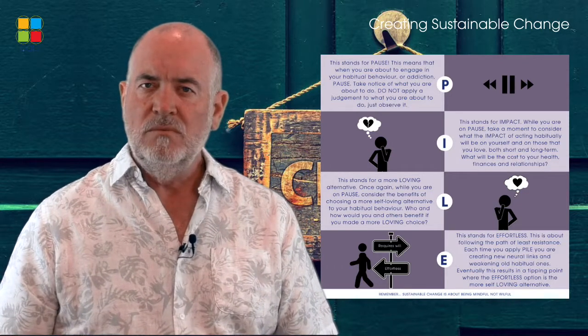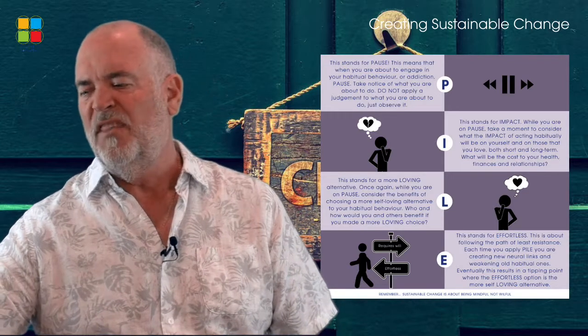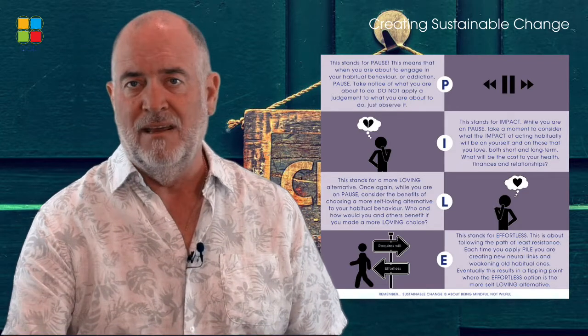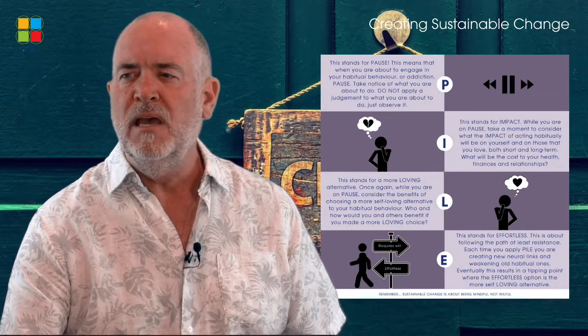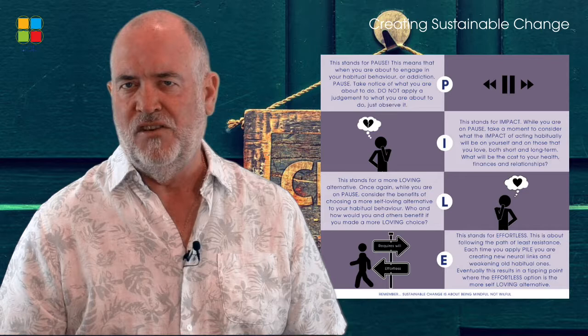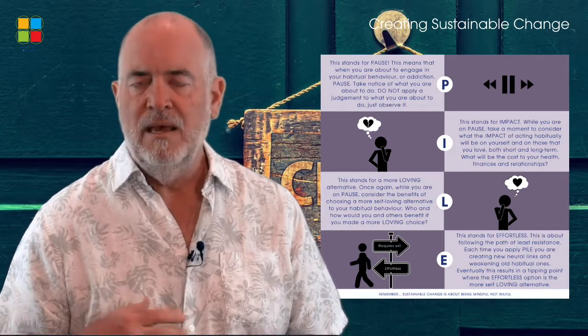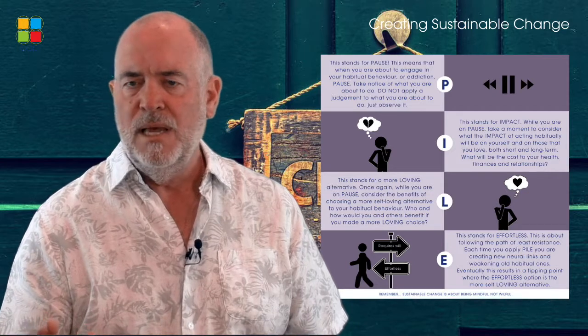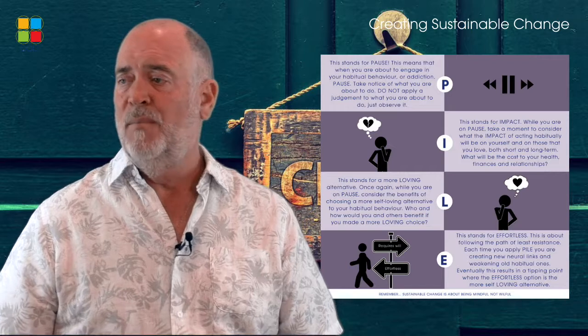The L stands for the loving option. So you've now looked at what essentially the non-loving impact is. Now take a moment to consider, well, what would be a loving alternative in this situation? What would be something that I could do that would be kinder for me, kinder for the other people, kinder for my family and partners or my work situation?